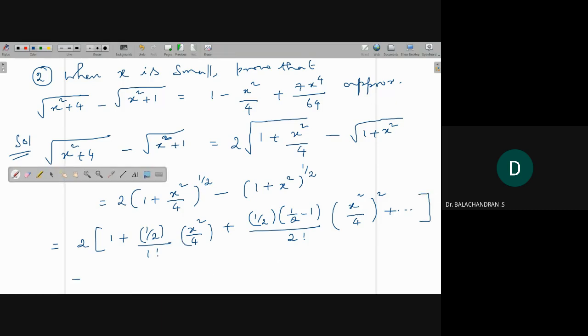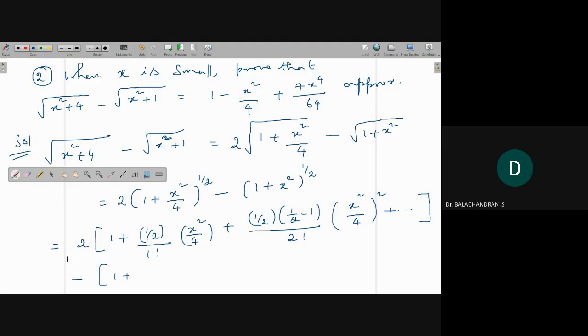And the minus 1 plus x whole power n, that is 1 plus x square by 1 factorial, x square, sorry, what is n?